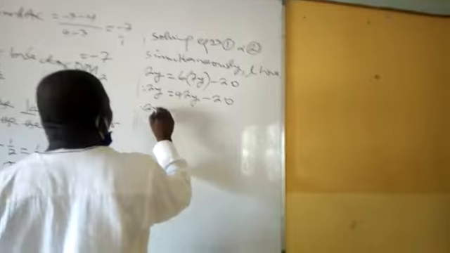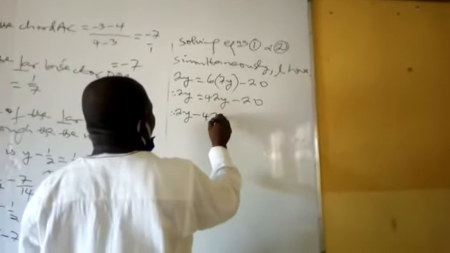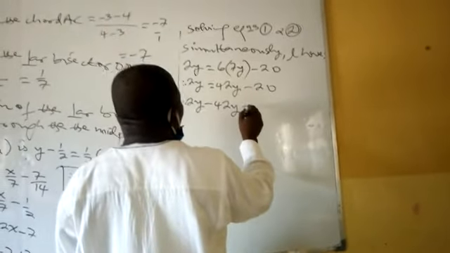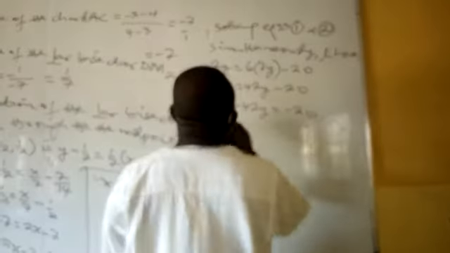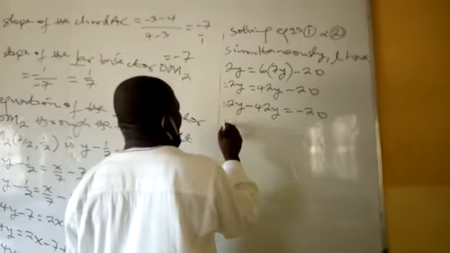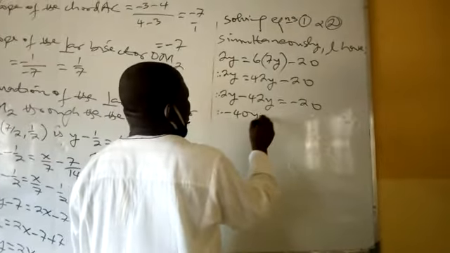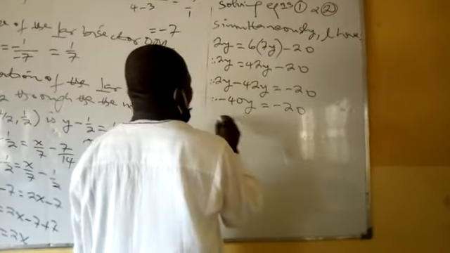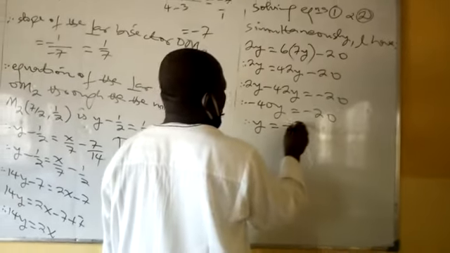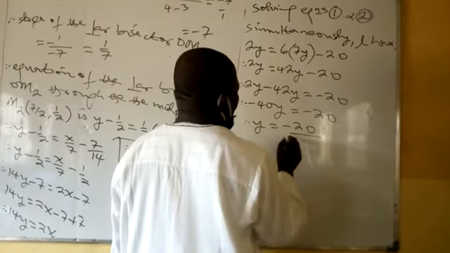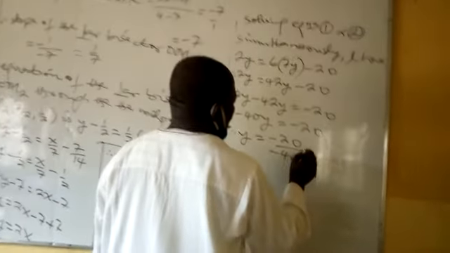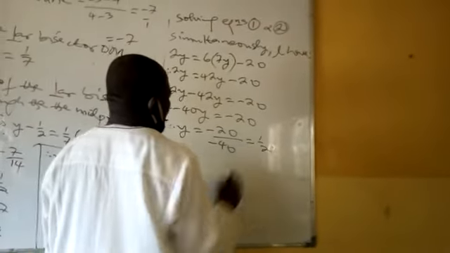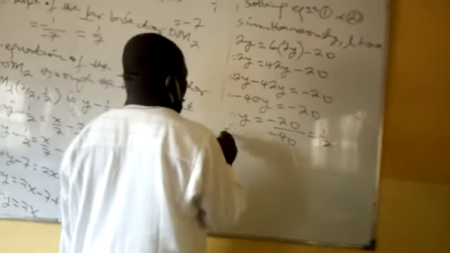So I have 2y minus 42y is equals to minus 20. 2y minus 42y is minus 40y. Minus 40y is equals to minus 20. Therefore, y equals minus 20 over minus 40, and that will be half. Y is half.